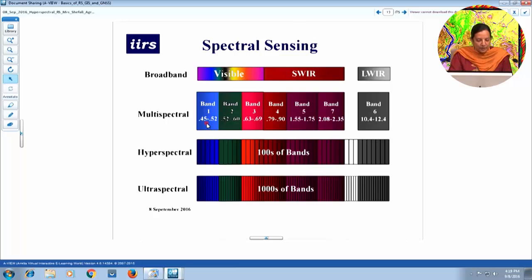It can be different depending on different sensors, it will be variable, but more or less it is dividing into 3 regions. Then the same visible region is divided into 100 spectral bands, and later on ultraspectral, which is one step ahead of the hyperspectral, is thousands of bands within the visible region. So if I look at only one part of the spectra, that is the visible, it goes 1 to 3 to 100 to thousands.